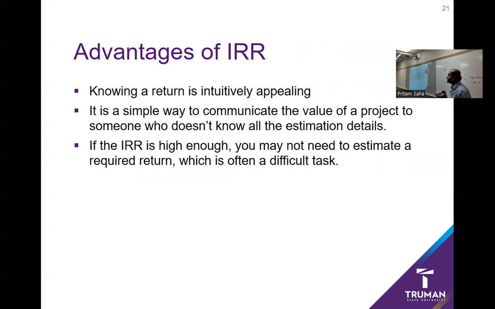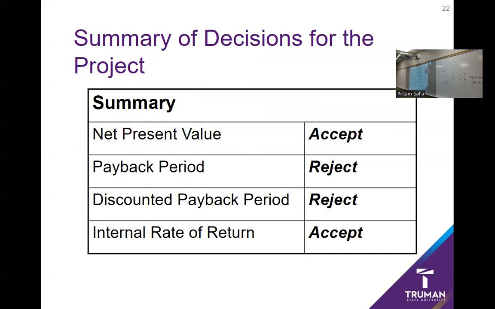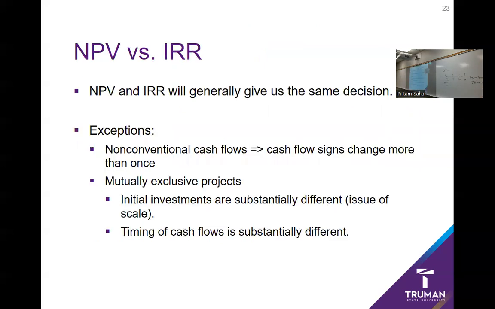So IRR actually gives you the comparison. When you talk about relative basis, it doesn't matter whether you invest $100 or 100 million, it gives you the comparison. So that's one of the good things of IRR. But IRR and NPV can be considered as a primary decision rule.